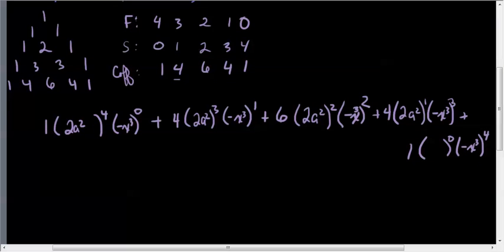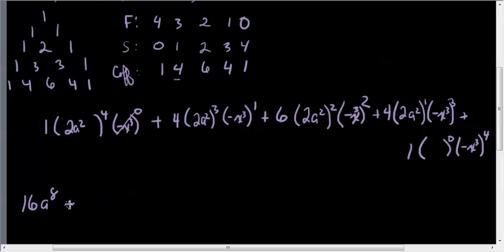Alright, so when I multiply this out, 2 to the fourth is going to be, let's see, 16. A squared to the fourth is going to be a to the eighth. Anything to the 0 power is 1, so that term's 1. Plus 2 cubed is 8, times 4 is 32, times negative 1, whoops, where's my eraser?